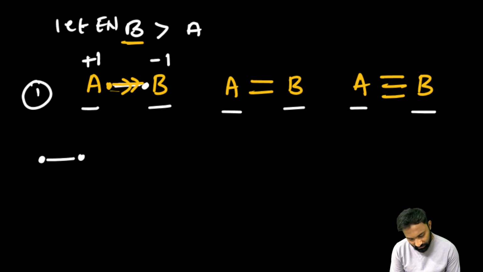Done. Next, here B is dragging one electron from A and one electron from the other bond. In total B is dragging 2 electrons towards itself, so it will get -2 and A will get +2.